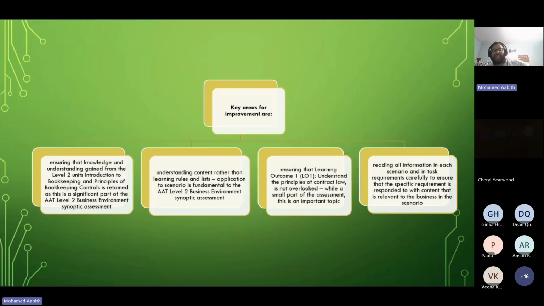And then also, read all the information in each scenario and in the task requirement carefully, to ensure that the specific requirements are responded to with content that is relevant to the business in the scenario. So you will be given a scenario. You need to remember every business is unique. They are different to each other. So certain aspects may apply thoroughly. Sometimes you may not even have to do that one. So therefore you have to be careful not to paint everything with the same brush.